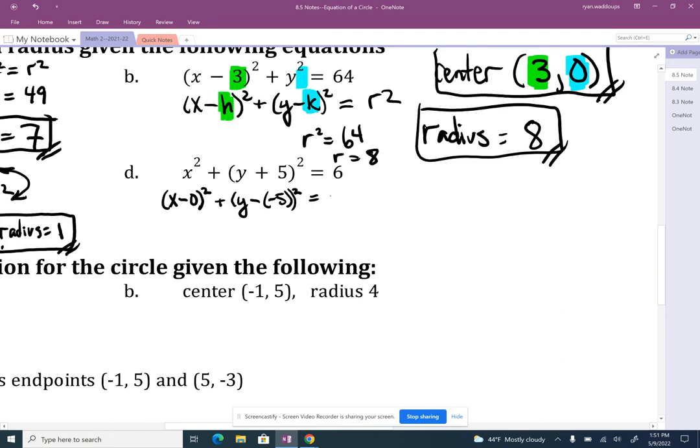And that's equal to, here I'm going to write r squared. If r squared equals 6, then I take the square root of both sides. R then is equal to the square root of 6. So my center is at the point 0, negative 5.